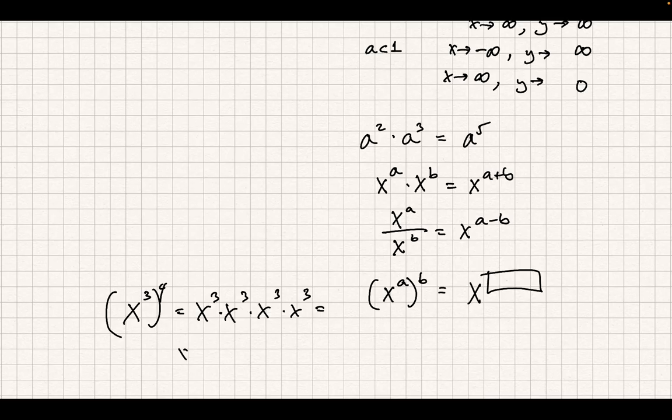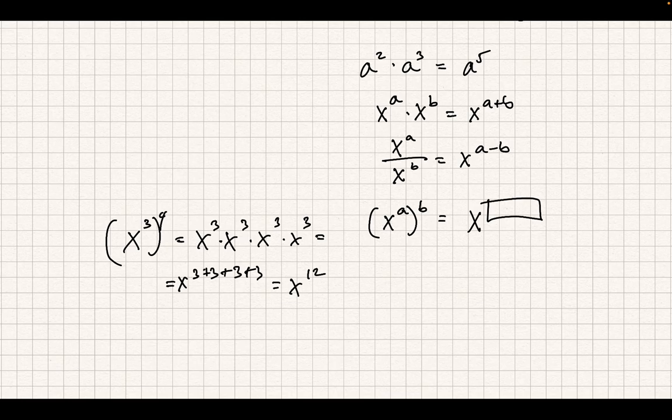That is x to the 3 plus 3 plus 3 plus 3, which is x to the 12, which is the same thing as doing what? 3 times 4 equals x to the 12.